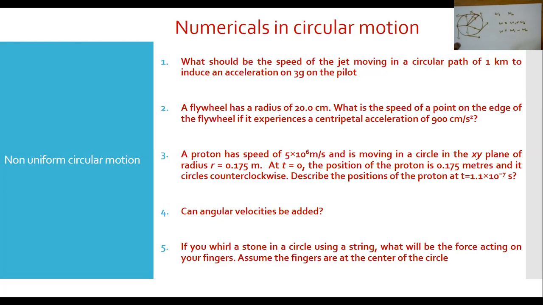Now, one question: what is the situation of a rotating disk when the net angular velocity is equal to 0? What do you understand by this? The guess is that when I say omega equal to 0, the particle or the disk is not rotating, right?